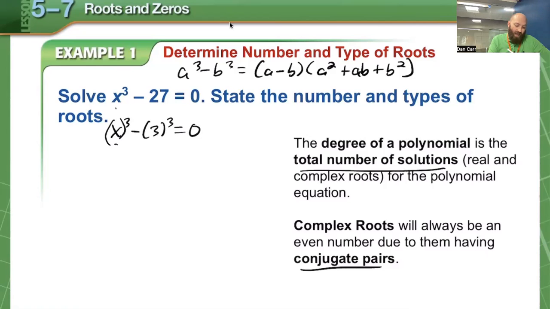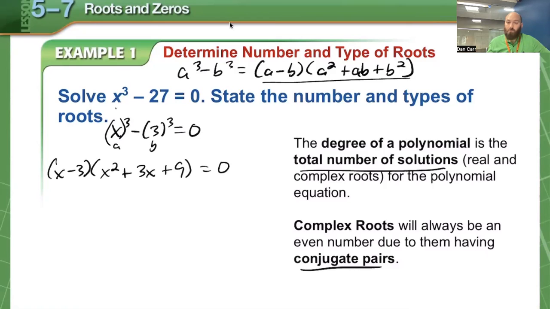So I've got a and b like that. Now I can plug those into their positions in my formula. So we get x minus 3, and then x squared plus 3x plus 9.